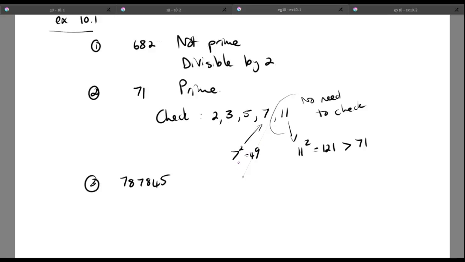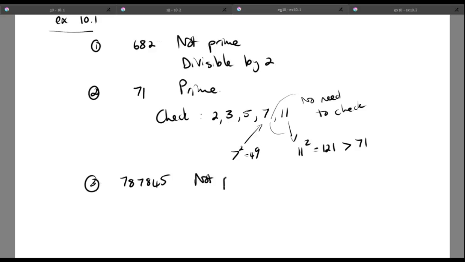Why do I keep drawing these lines? Let's try and get rid of that. Clean things up here. So it has to fall under one of my divisibility tests. There's no way. If this is prime, it'll be too much work for us to find by hand.